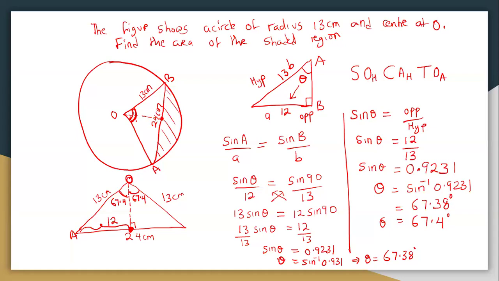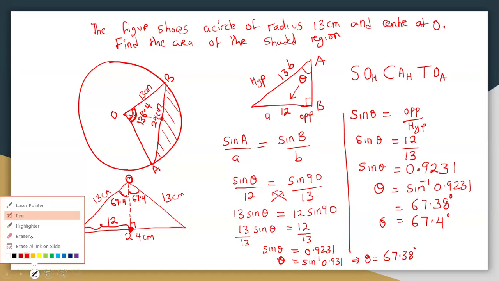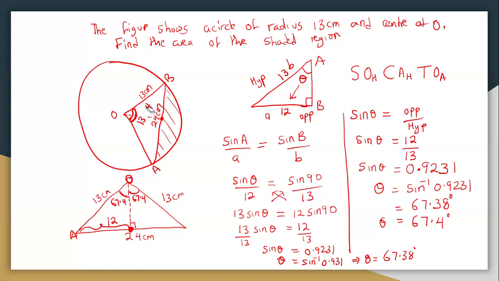So here I expect that we're now going to use 134.8. So that is the angle we are going to use. 67.4 times 2 gives us 134.8.